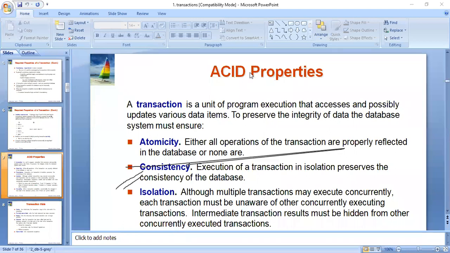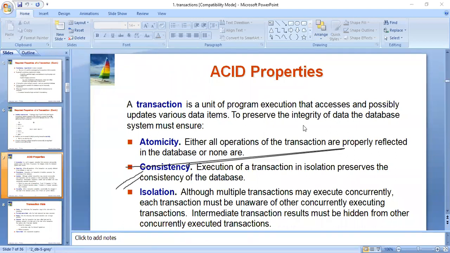Okay. Now, ACID properties. You can note down ACID properties. What is a transaction here? A transaction is a unit of program execution that accesses and possibly updates various data items.